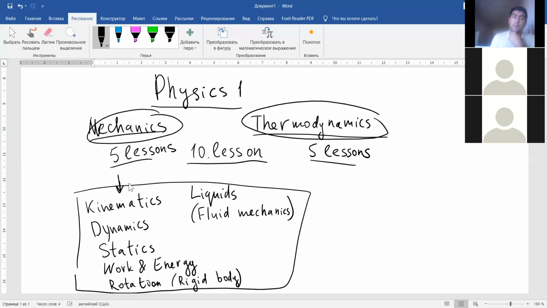And then what is the thermodynamics part? The thermodynamics part is the ideal gas theory.